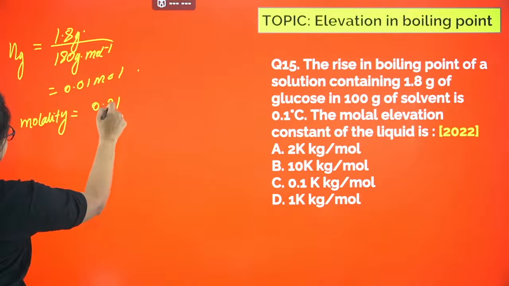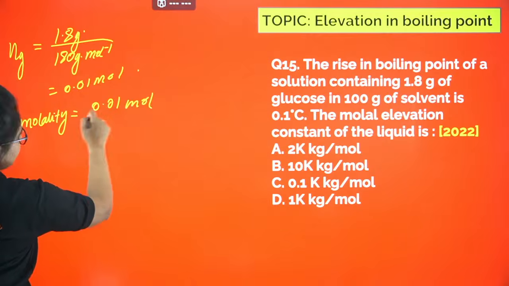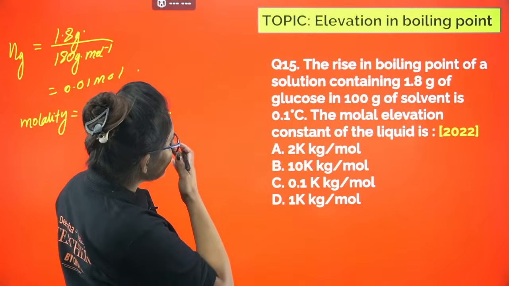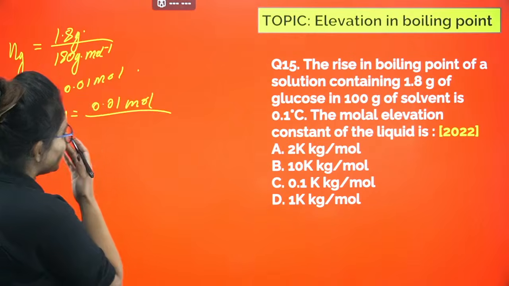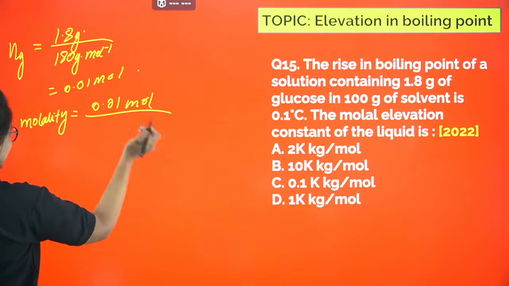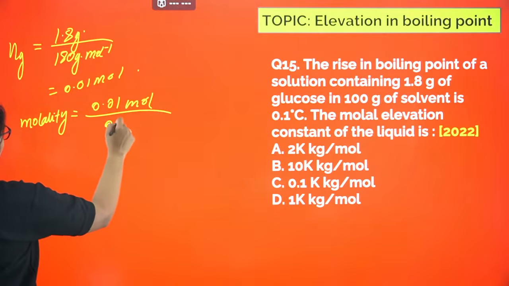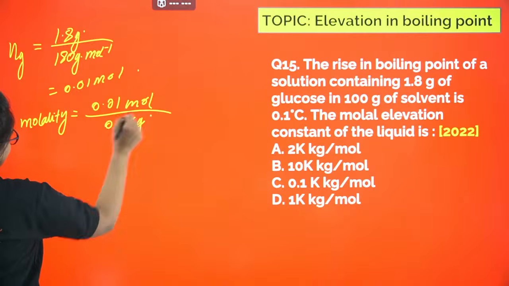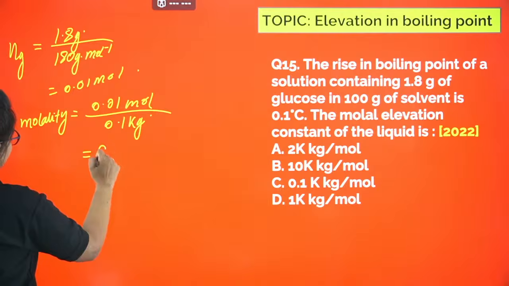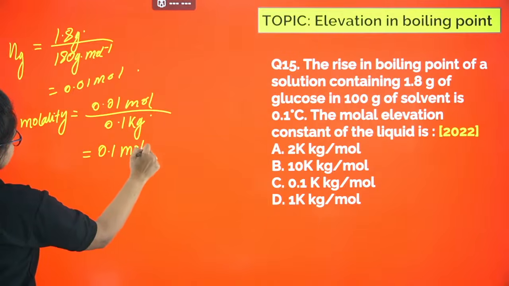So 0.01 mole divided by the weight of solvent, which is 100 gram, or 0.1 kg. If you calculate, it will come to 0.1 mole per kg.